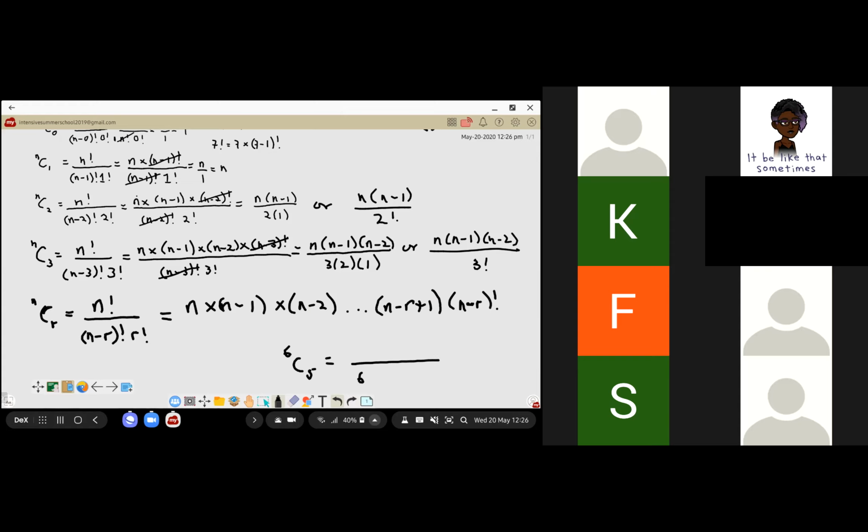The down part is going to be 6 minus 5. Let me do the down part before I do the top part. Then 5 factorial. Then the top part will be what? 6 times 5, right?